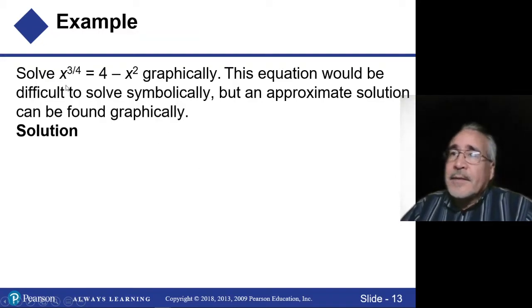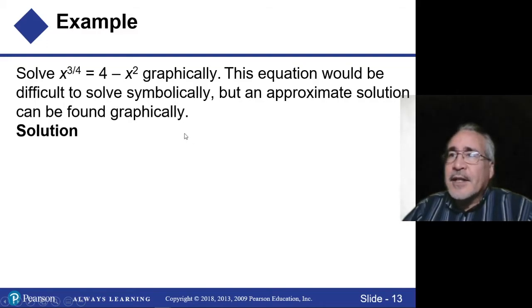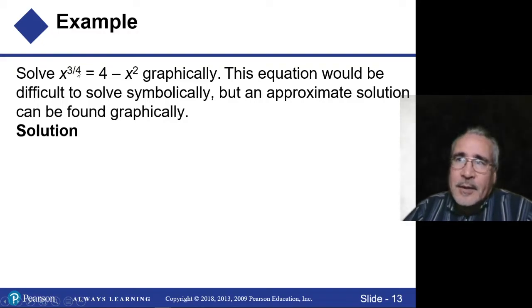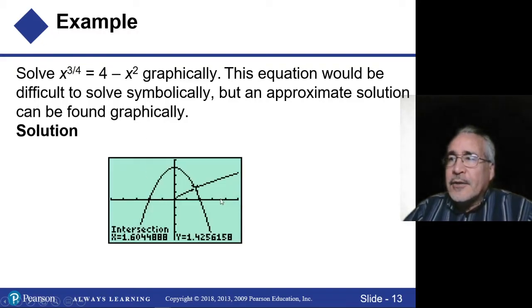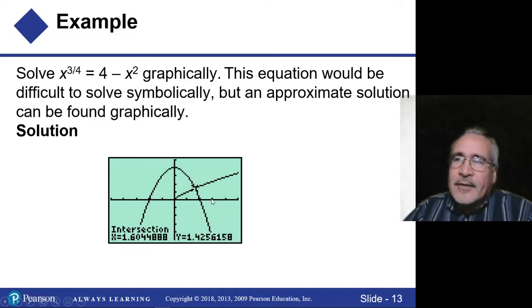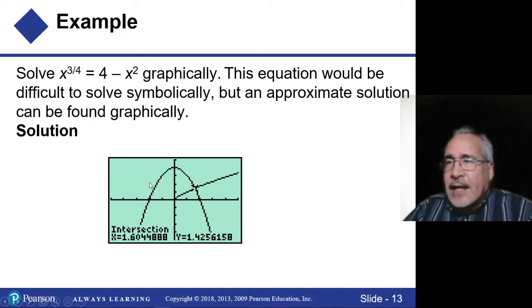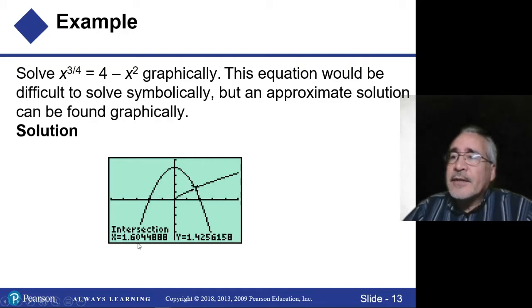Okay. Now here we go. We could do this graphically. In fact, they're going to do it graphically. So I'm just going to click on this. And remember, we just did one. If we've got a fractional exponent, we can do that. X to the 3/4 power, right? You graph it. And this is the older version of the TI calculator, not as pretty and such, but you go through and you can find it.